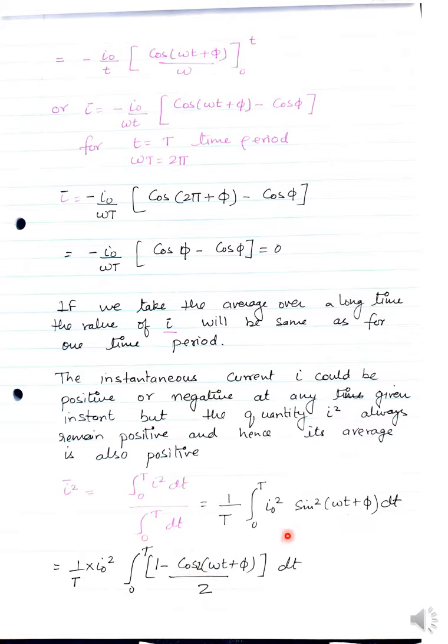So we have not used integration from this step to this step. We are just changing it to the 1 minus cos 2θ form. So this I square is constant, it will come outside, T is already outside. So it will be I square divided by T, 0 to T integration of (1 minus cos 2(ωt + φ)) over 2.